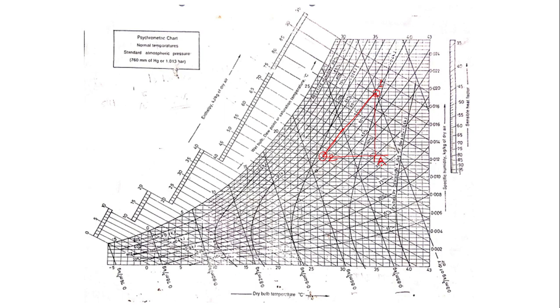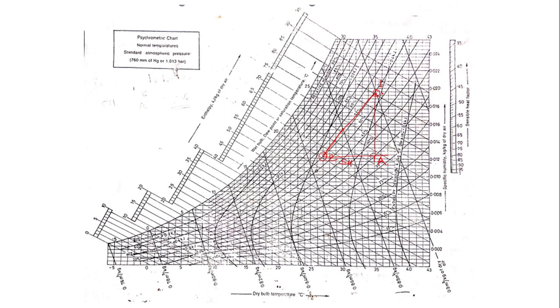Now the sensible heat, we know that the moisture content remains the same, however the temperature changes. So from 2 to A, the moisture remains constant and the temperature is changing from point 2 to point A. So this is the sensible heat. Whereas from point number 1 to point A, the DBT remains the same, however the moisture content is changing.